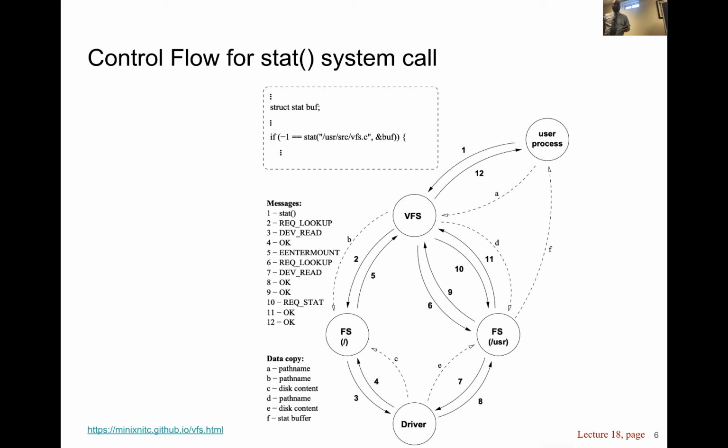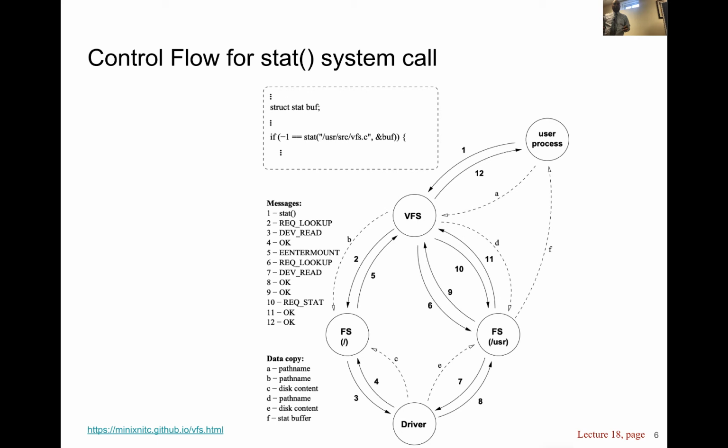So the figure is also illustrating that although you have a single Minix file system on the disk, you have multiple partitions. Each partition is its own independent Minix file system. So / is an independent Minix file system partition, and /user is one. So there's a file server process for each of them. So it's not just one server process for all devices, it's one server process for each partition.